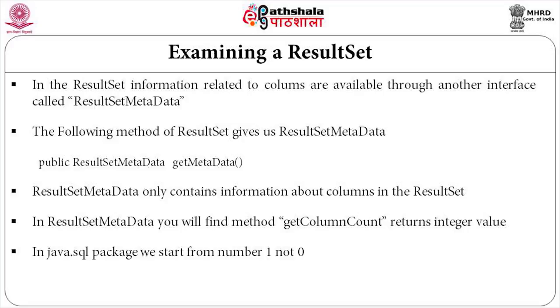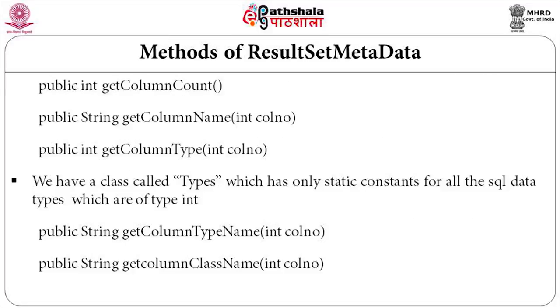Once you have a result set object, you can use the method called get metadata, giving us an object of result set metadata. The result set metadata contains information only about the columns of the result set. It has no data part; it is metadata, information about the columns of the result set.